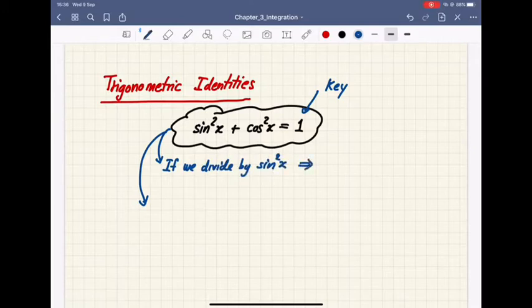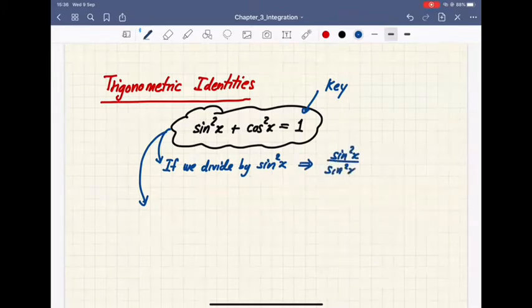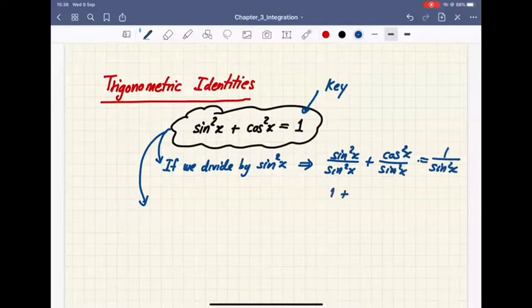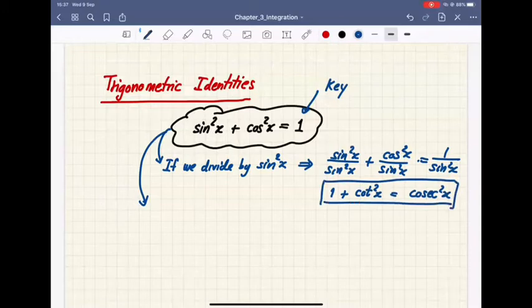You get sine square x over sine square x plus cosine square x over sine square x, equal to 1 over sine square x. That means you get 1 plus cotangent square x, and this is going to be cosecant square x. This formula you don't have to memorize, but every time you want to use it, you can start from the key formula and divide everything by sine square, and it gives you back the formula you want.